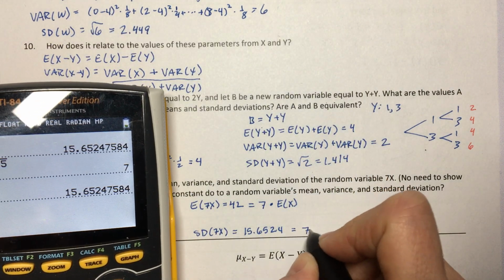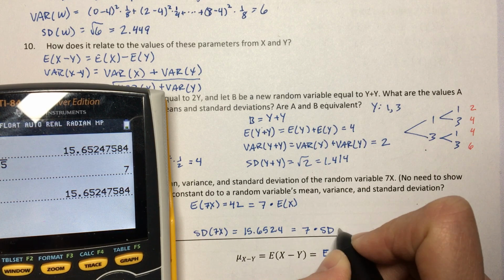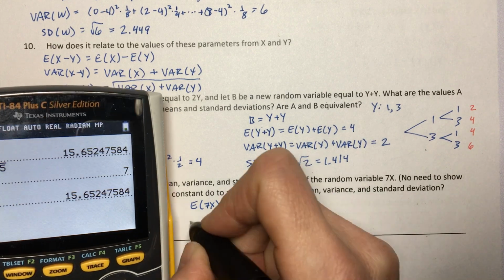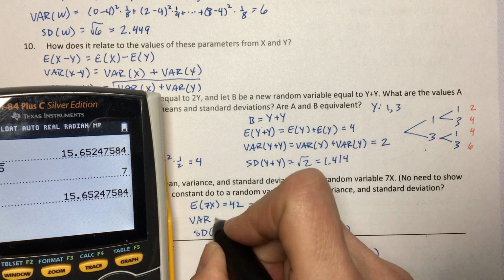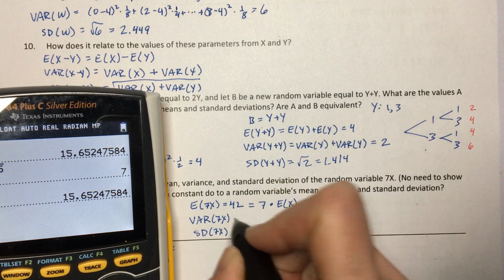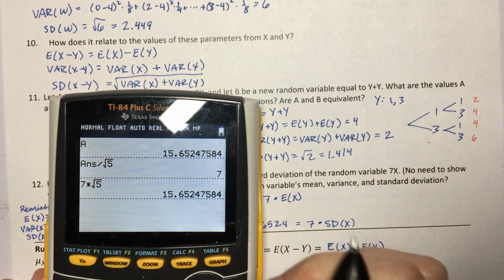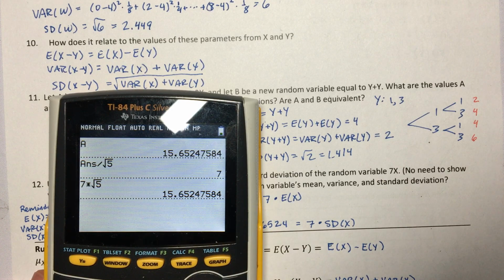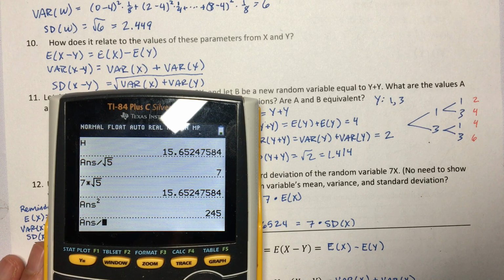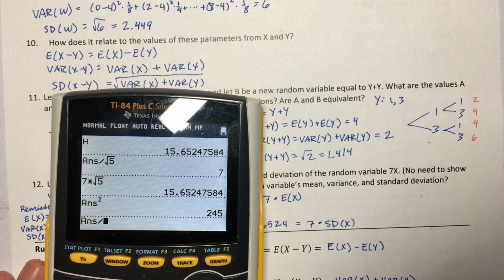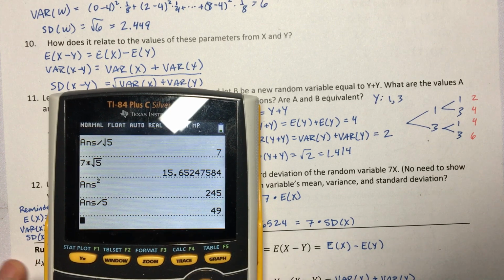So this is 7 times the original standard deviation of x, which implies that our variance, being this squared, is 245. If I square my standard deviation, I get 245, and 245 divided by the original variance of 5 is 49.